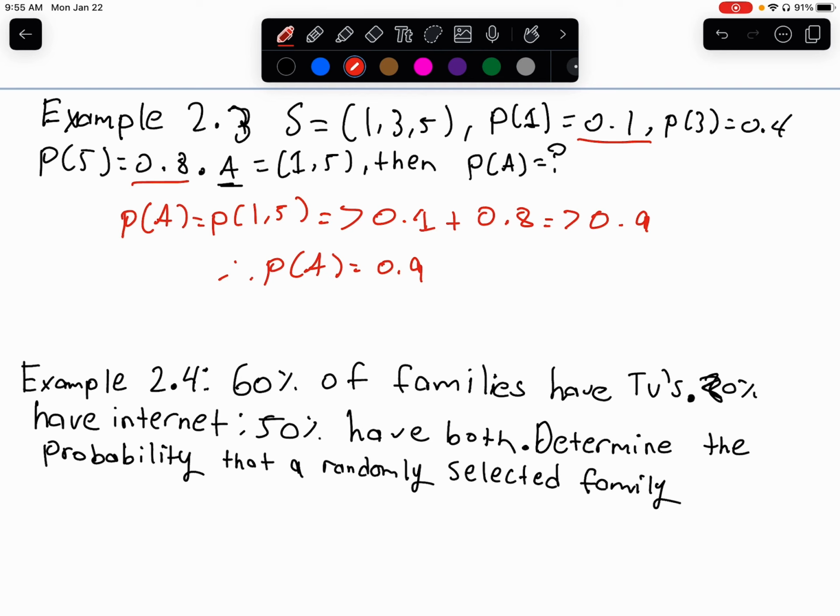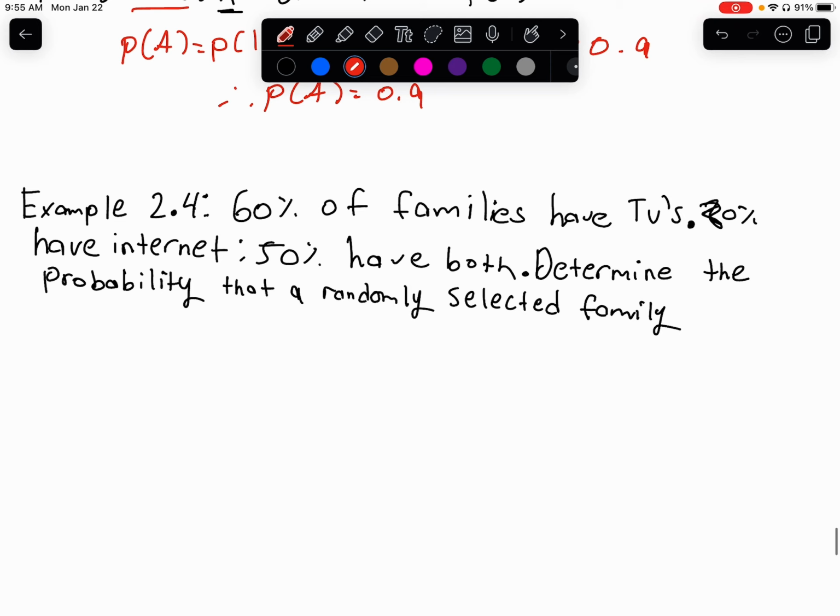As we move on to another example, example 2.4: 60% of families have TVs, 80% have internet, 50% have both. We have to determine the probability for a randomly selected family.